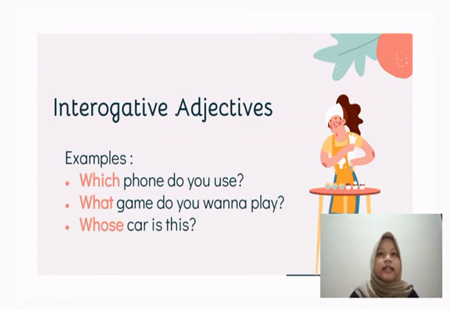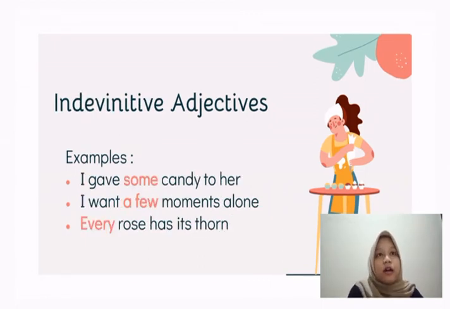Okay, next is indefinite adjectives. This adjective describes or modifies a noun unspecifically, and it provides indefinite or unspecific information about the noun.